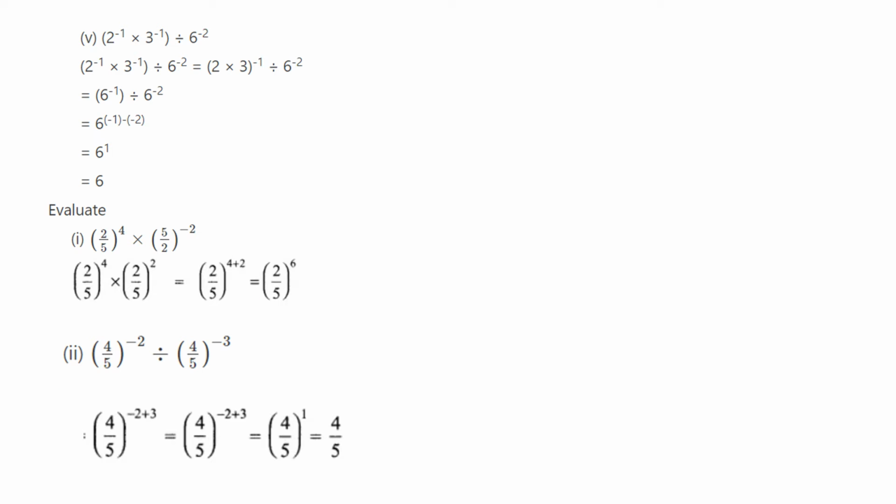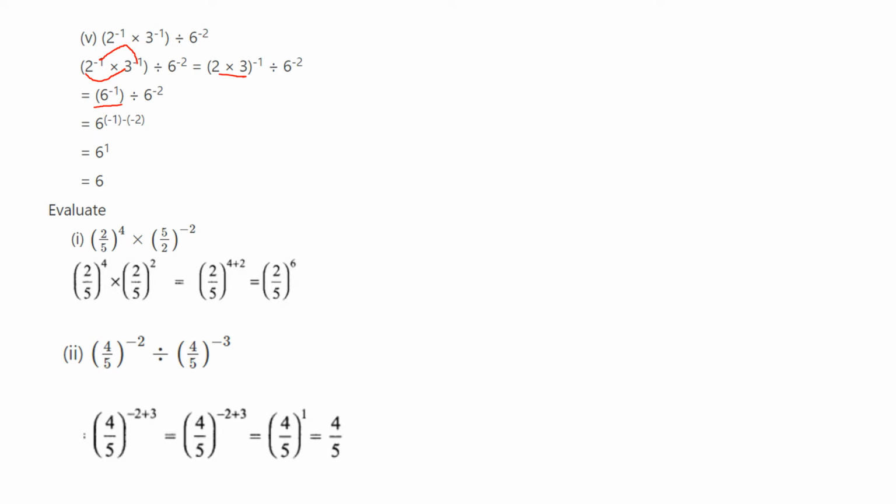Next, 2 to the power minus 1 into 3 to the power minus 1 divided by 6 to the power minus 2. So already I told you, powers equal means base you can multiply. So 2 into 3, 6. So 6 to the power minus 1 we get.